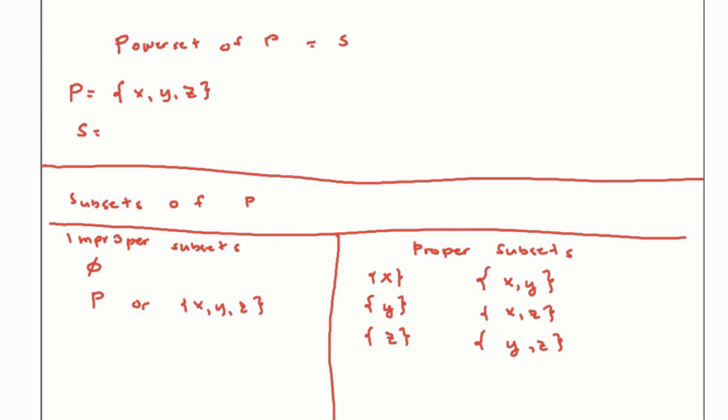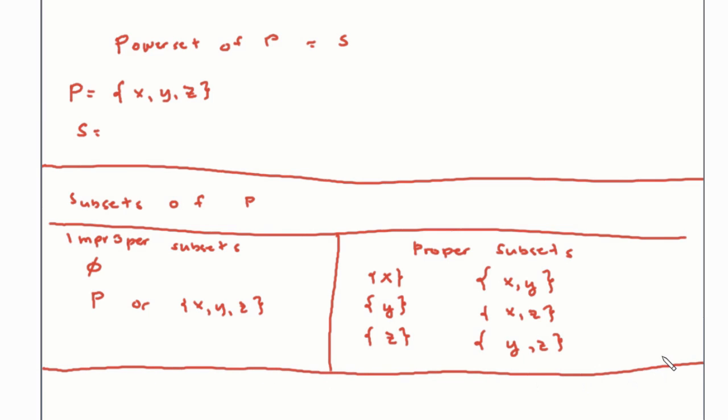Now let's check. According to our definition, we can check for the number of subsets by using the formula 2 raised to n, where n is the number of elements in the given set. How many elements do we have? 1, 2, 3.